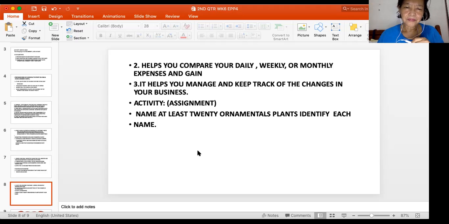Number three, it helps you manage and keep track of the changes in your business. In order to track the changes, if there are a lot of buyers, you need to hire people to assist you.